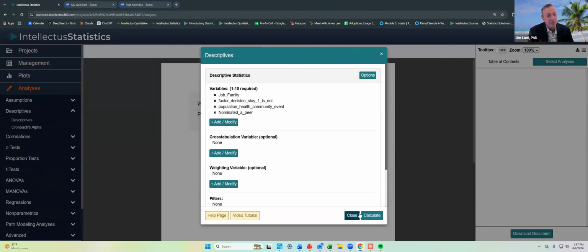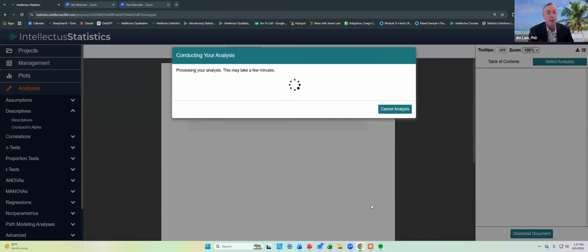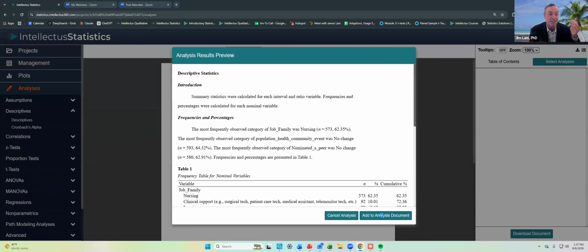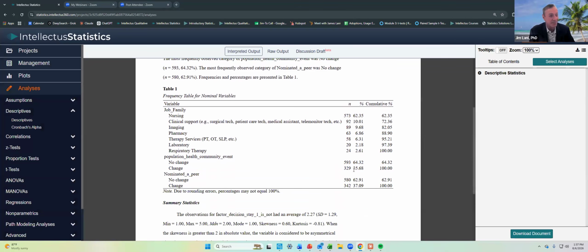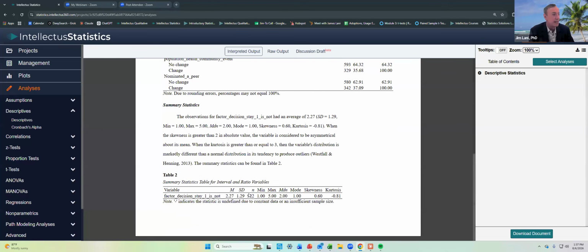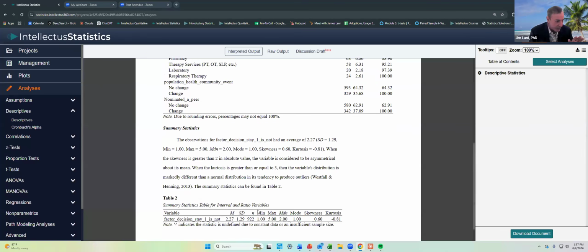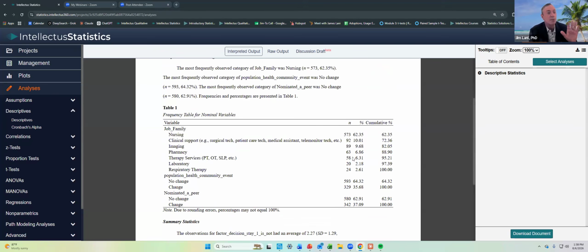Definitely everyone, you want to run descriptives and then you want to read what you did. I've conducted them and then not read them and then paid the price. So you would have picked up those people that have one. And then factor decision, that ratio is fine. So that looks fine.